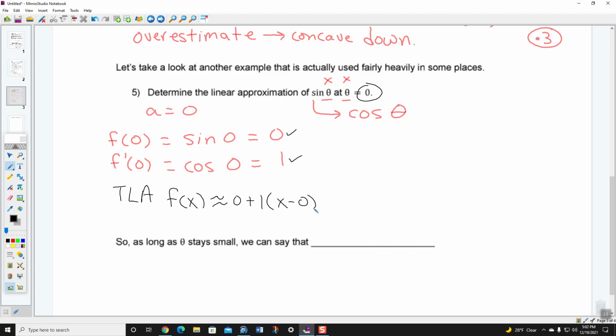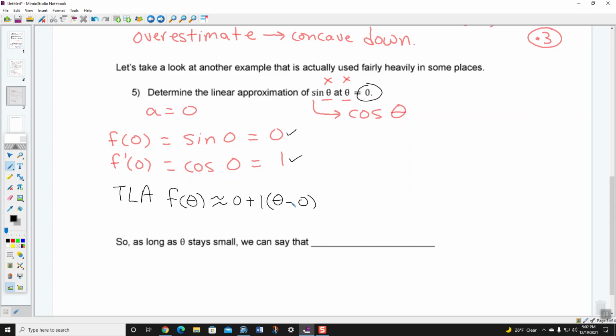So, in the end, we end up with the following. And again, I shouldn't be using x in this example, because everything was relative to theta. So, give me a second. I messed that up. So this should really read f of theta, my friends. It'll be theta minus 0. Okay?